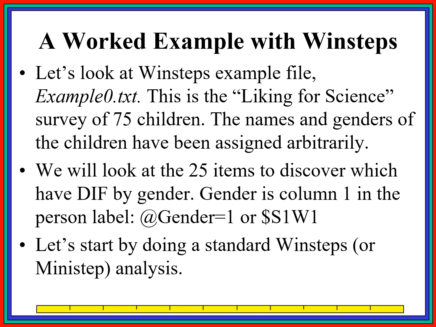These have been assigned arbitrarily. We have no idea what the genders were of the original children who responded to this survey. The survey data is real, but the person labels are artificial.